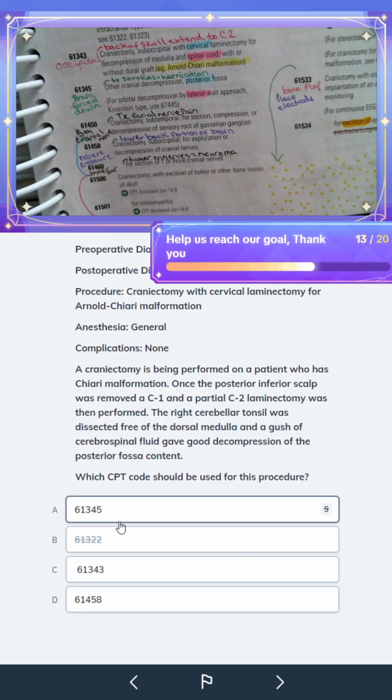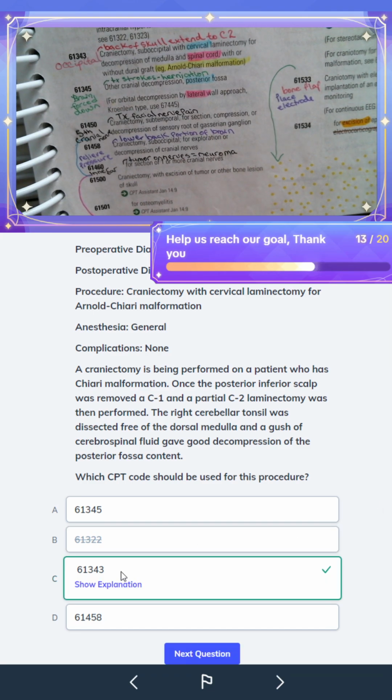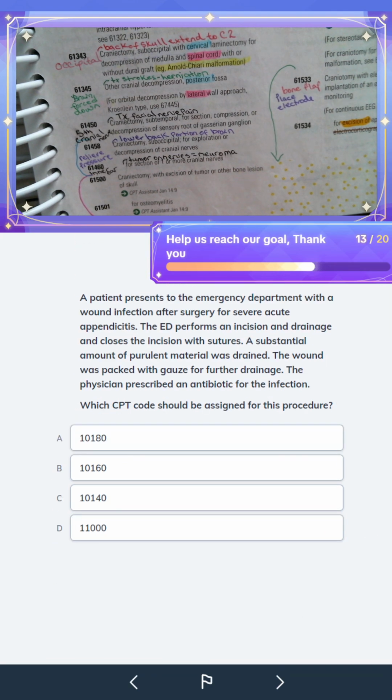We've got relief pressure. We're doing the lower back portion of the brain. 41345. The brain was forced down, kind of like a stroke. 43 is optical. You guys like C? C is it. Perfect. Good job.